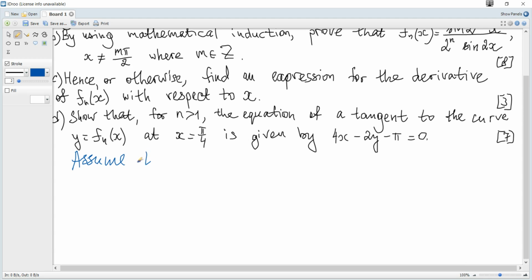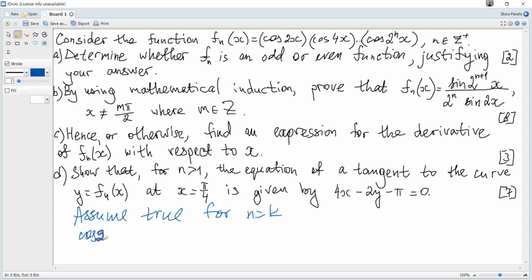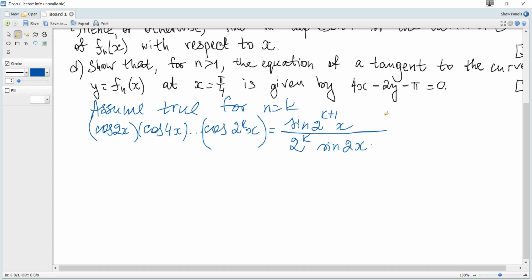Assume true for n equals k, and hence cosine of 2x multiplied by cosine of 4x, and so on, multiplied by cosine of 2 to the power k x is equal to sine of 2 to the power k plus 1 x over 2 to the power k sine of 2x. And the next we consider n equals k plus 1.